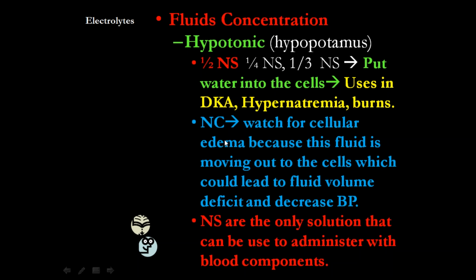We have mannitol, an osmotic diuretic, that one is being used for what? For intracranial hypertension, and it is going to be used with a filter because it can crystallize very easily, and you don't want crystals getting into your bloodstream.